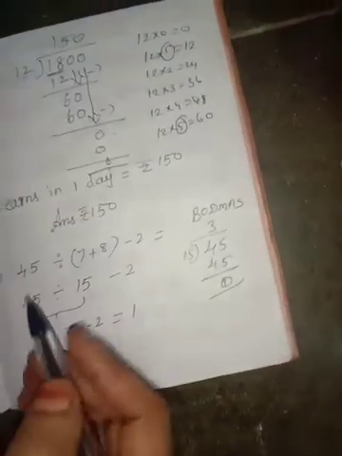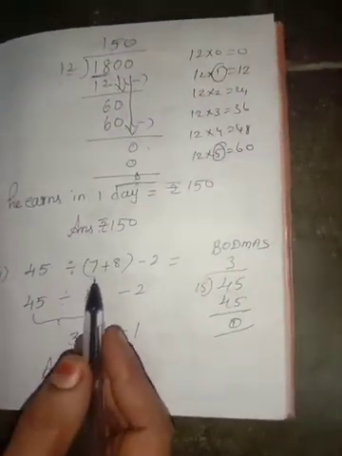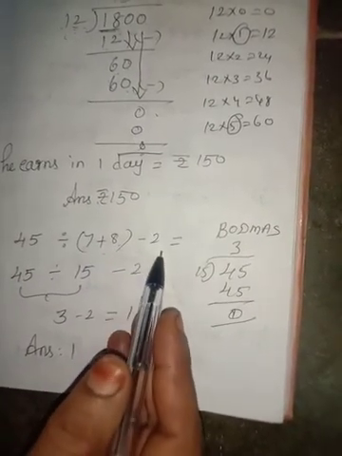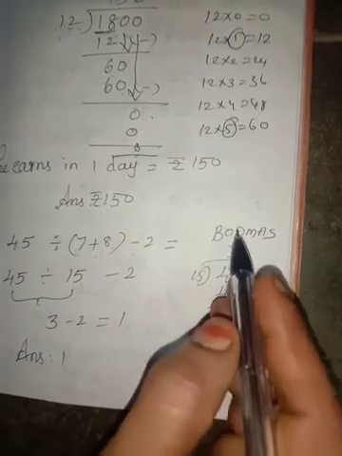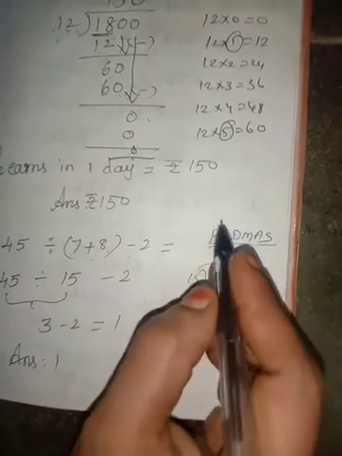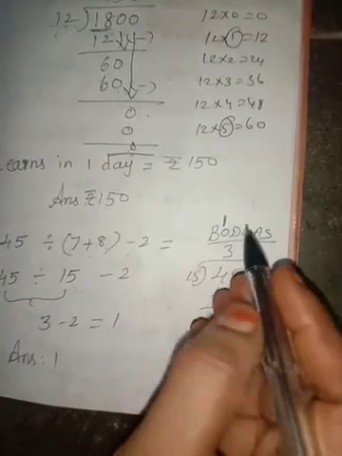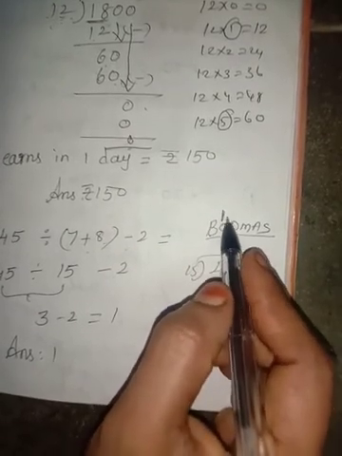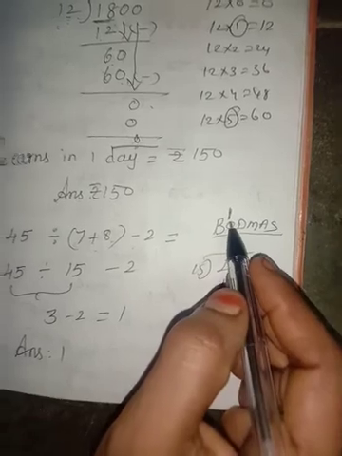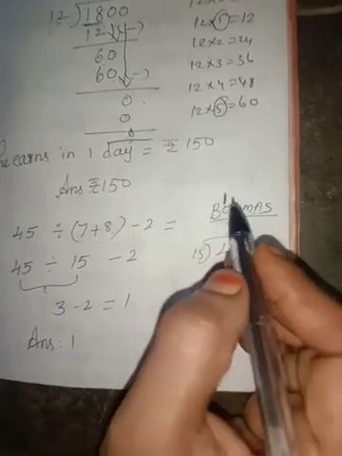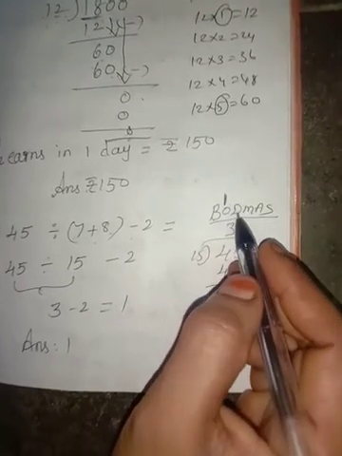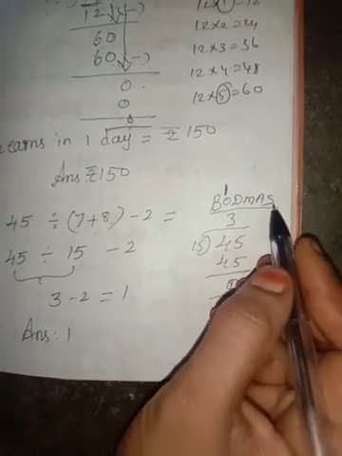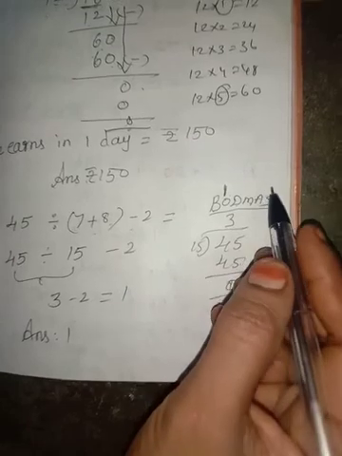So third one, 45 divided by 7 plus 8 which is in bracket, minus 2. So here we are using the BODMAS rule, but in your book BIDMAS. So BIDMAS means B for bracket, I for integers. Integers means power of any number. D represents division, M represents multiplication, A represents addition, S represents subtraction.